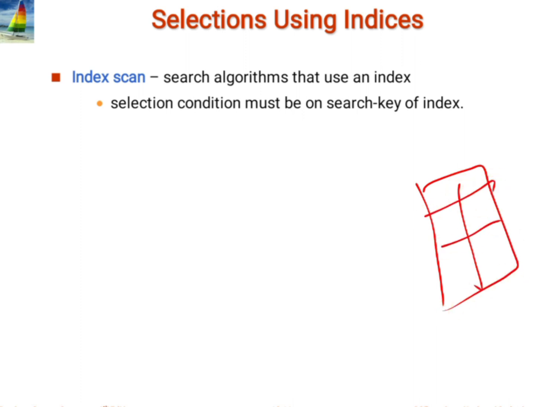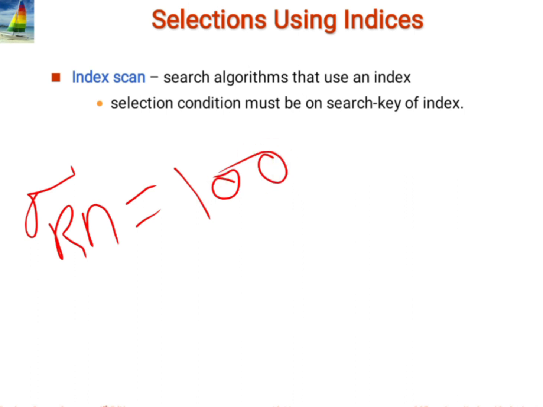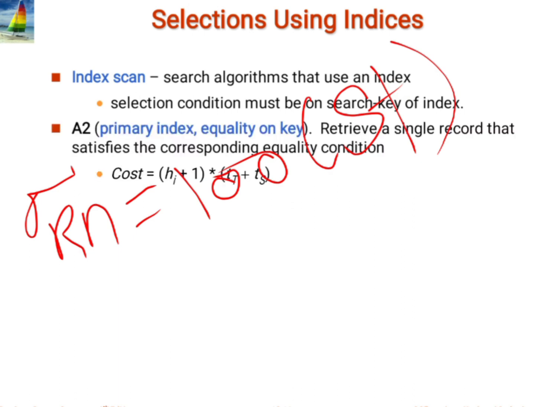If I write select roll number equals 100 from student relation, I will get only one record as the answer. This is the searching technique, primary index and equality on key.